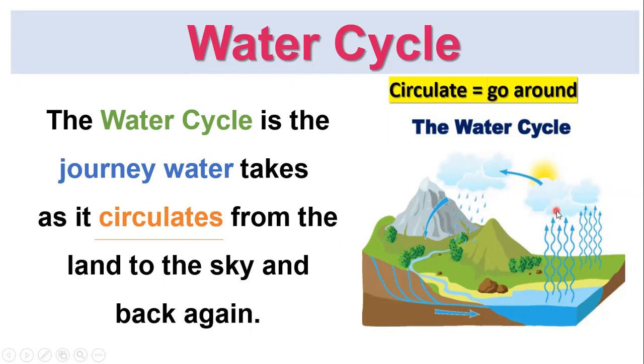Vapor goes up to the sky when the wind comes and moves the clouds. The clouds move to another place. Then it goes back to the earth as rain. So this is the water cycle.